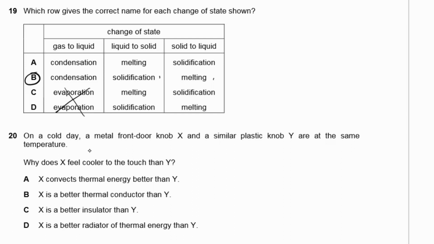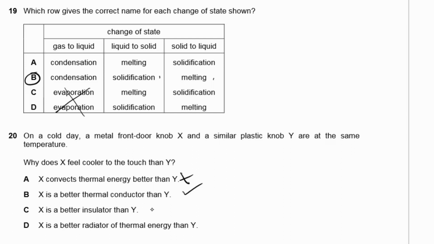Question 20. On a cold day, a metal front door knob X and a similar plastic knob Y are at the same temperature. Why does X feel cooler to the touch than Y? Well, because it's really good at conducting the heat away from your hand. So let's look at the answers. A. X convects thermal energy better than Y. No, convection is all about gases moving around because of changes in density. B. X is a better thermal conductor than Y. Yep, it's possible.